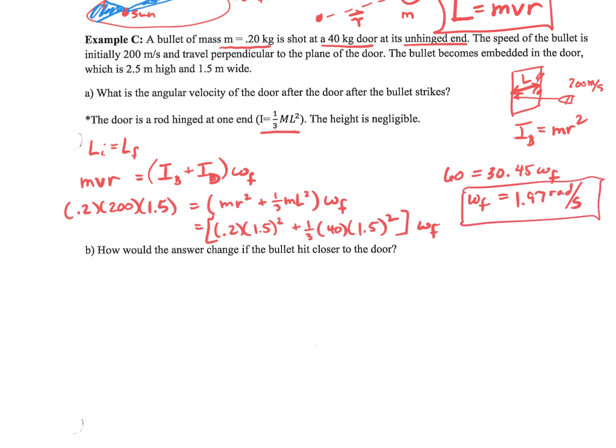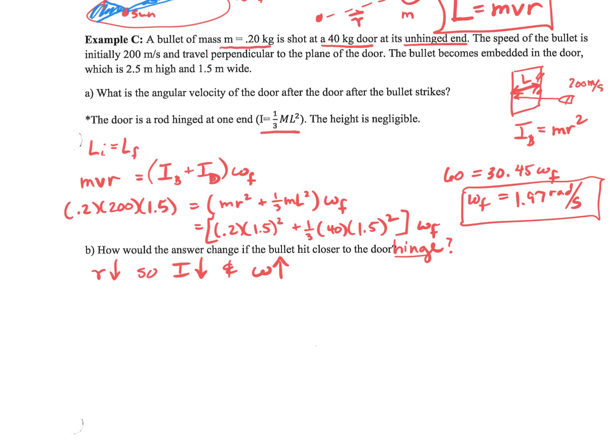So that's my final answer. All right, so here's your question. How would the answer change if the bullet hit closer to the door hinge, instead of at the very edge? That means r would go down. So inertia would go down, right? If inertia goes down, then angular velocity would go up.